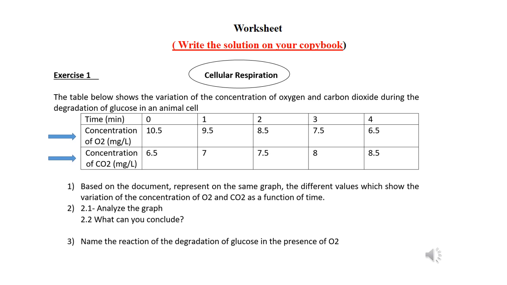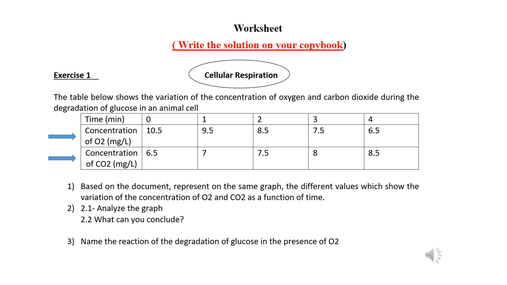The table below shows the variation of the concentration of oxygen and carbon dioxide during the degradation of glucose in an animal cell. In other words, we are measuring the quantity of oxygen and carbon dioxide when the cell degrades glucose. Observe well the table. What do you notice?